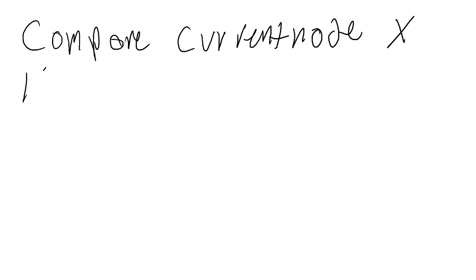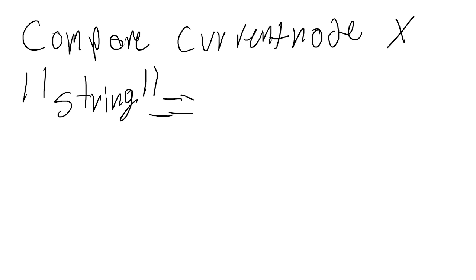So an example here would be string. And let's say if it's equal to, well, technically you can't do this in C++, so let me erase this because it is incorrect formatting.